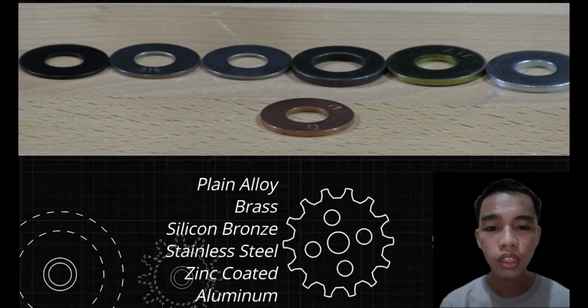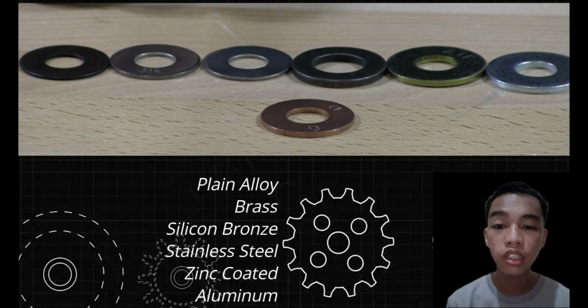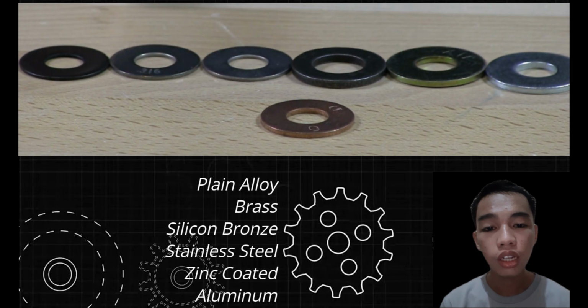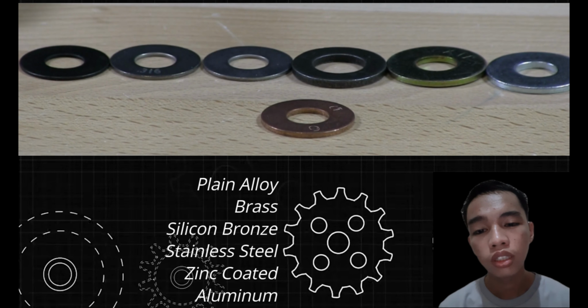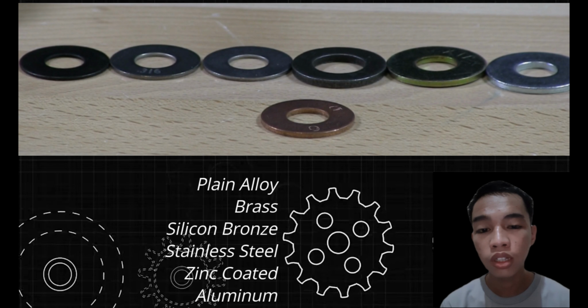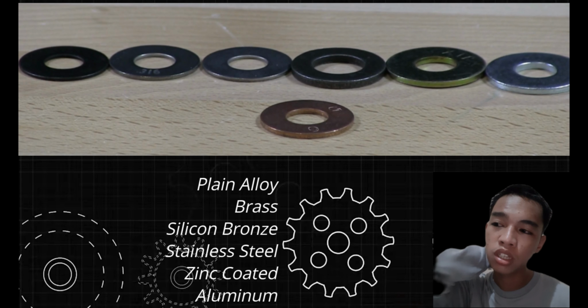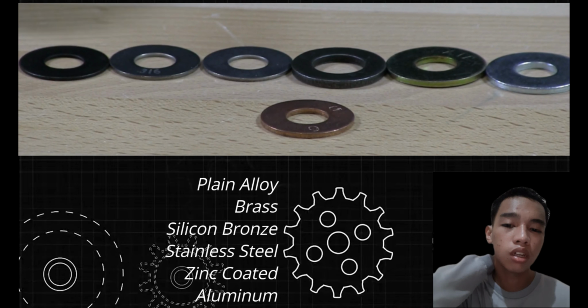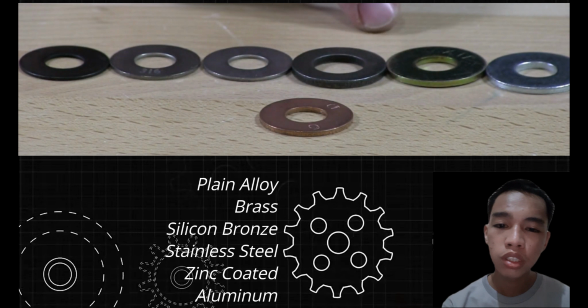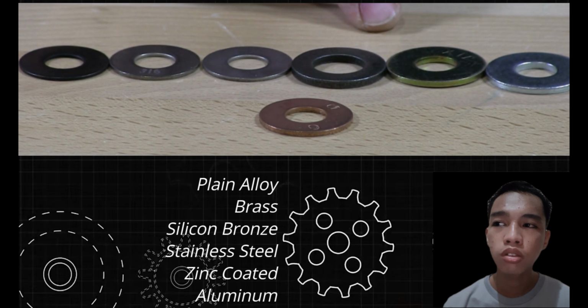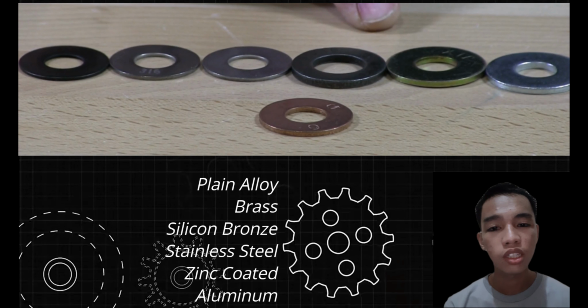We also have stainless steel, which is the most common, widely used material in washers. Zinc coated is the standard alloy steel coated with zinc, but it will rust slowly depending on the environment also. And we also have aluminum, which is ideal for outdoor use, and it is non-magnetic.